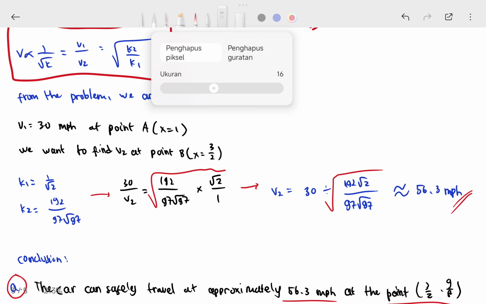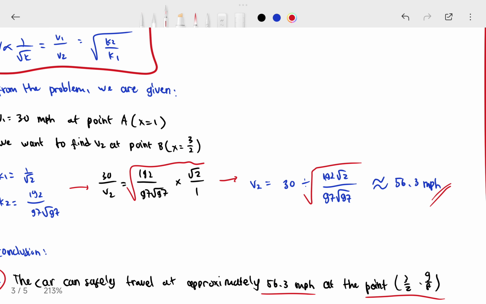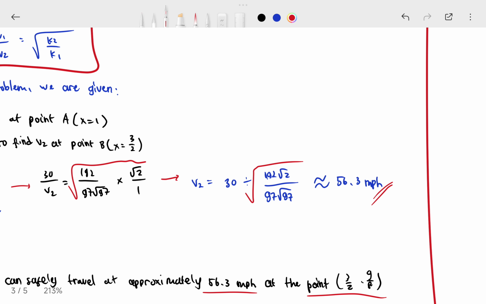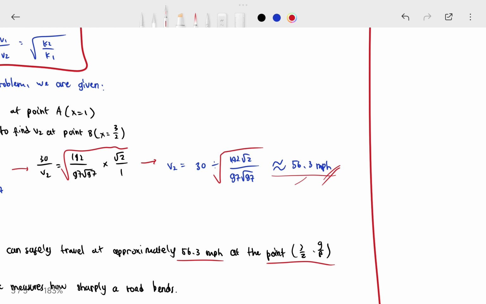Then we operate for v2 and multiply both sides by v2, and we get this formula. I use a calculator for this because it's so complex to compute by hand, and I got the speed: 56.3 miles per hour. So this is the second speed.